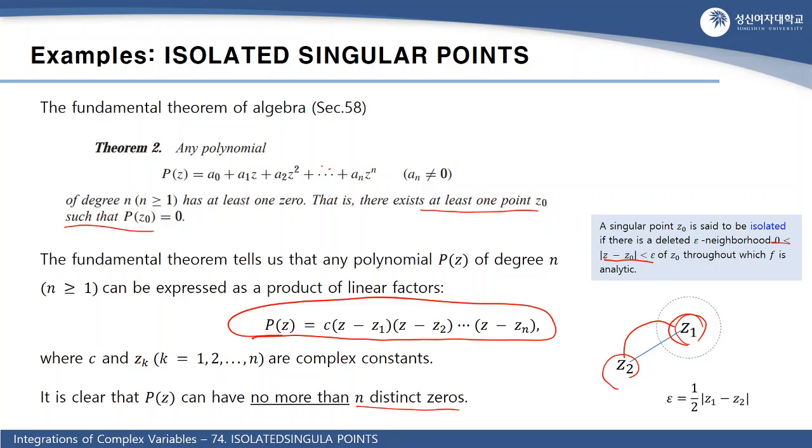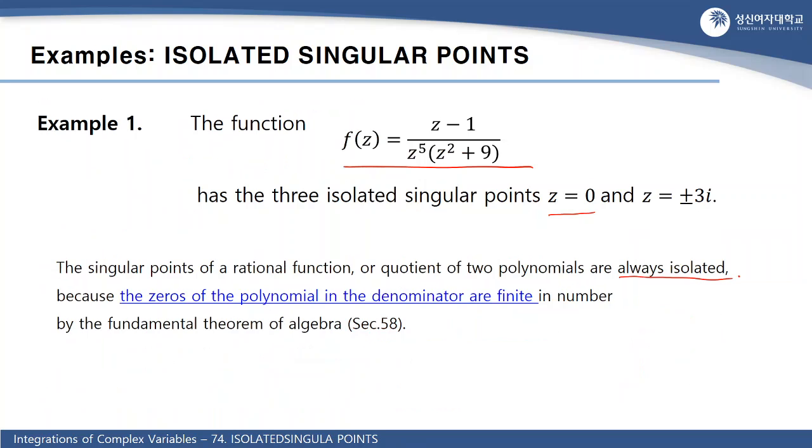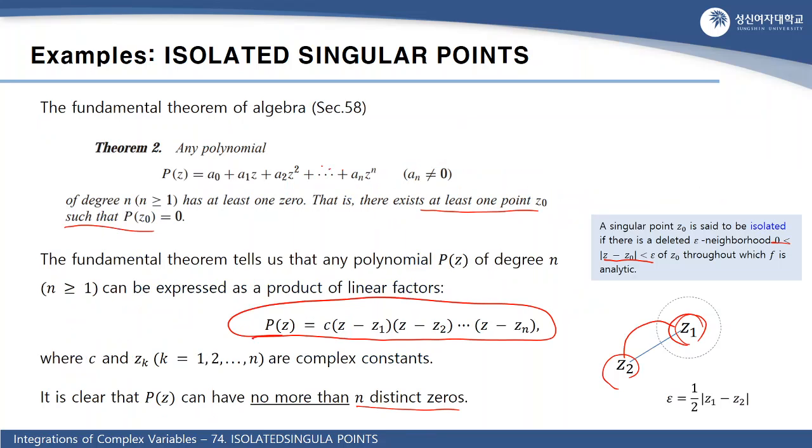Because we consider a quotient, the denominator is a polynomial, but a polynomial is entire, so this definition is satisfied.